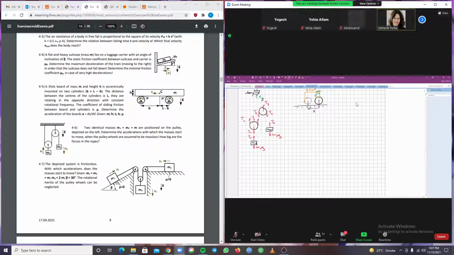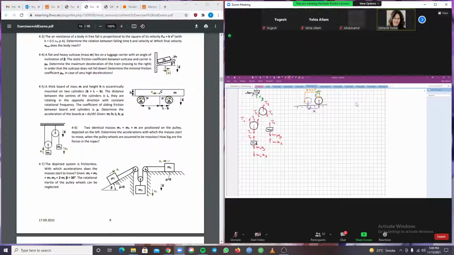So the second mass moves downwards, it's accelerated downwards, and then the inertial force has to act opposite, pointing upwards. And for the first mass, which moves upwards, the inertial force has to act downwards. And that's it.